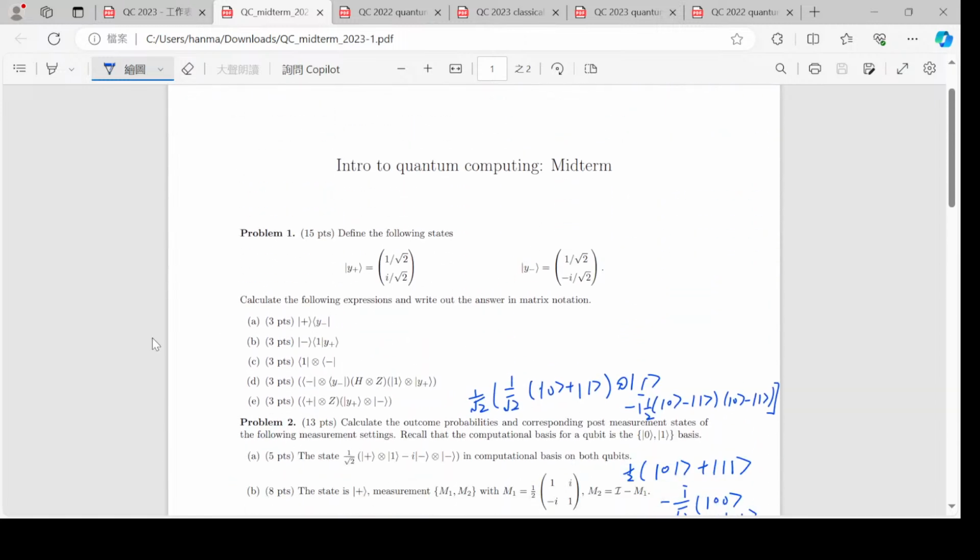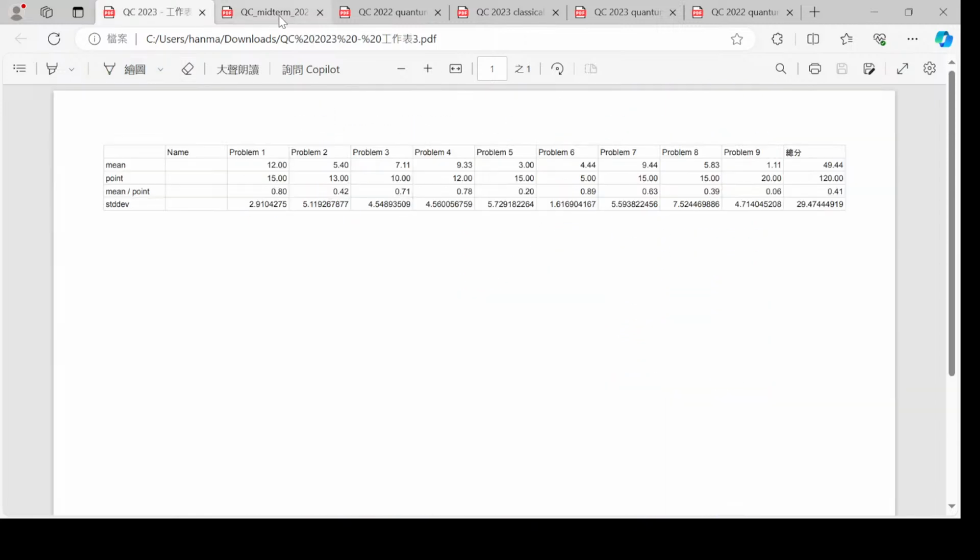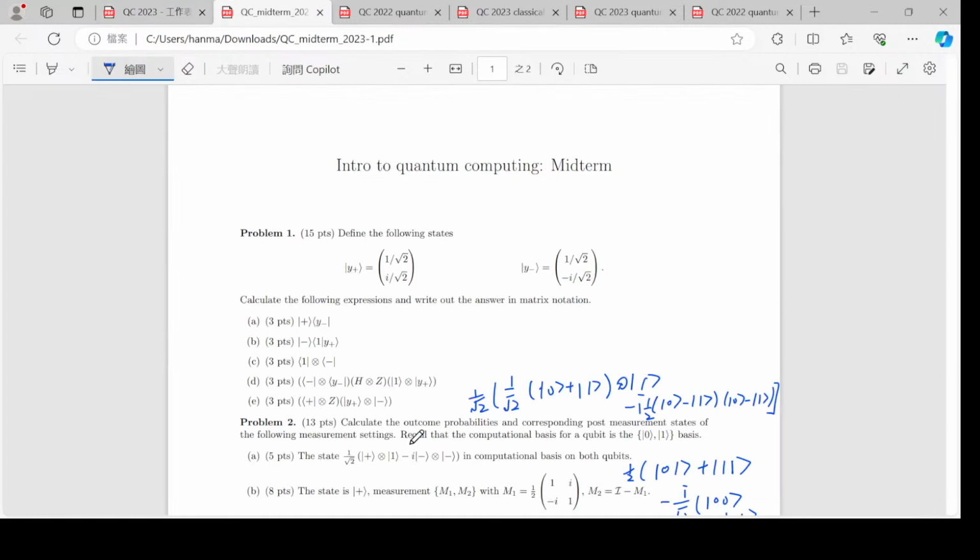Okay, so first one, I think people are doing pretty good on the first one. I think the only thing you get wrong is some calculation error. So remember, I keep talking about this, but I think some people still forget. When you turn this y minus ket to y minus bra, then you need to do complex conjugation.